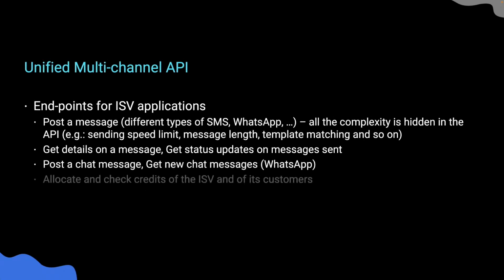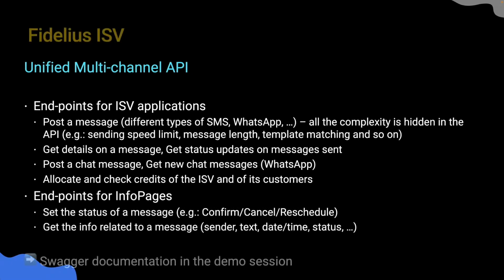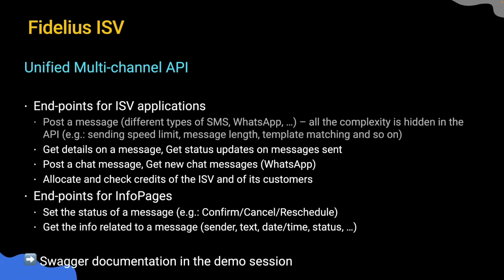The unified multi-channel API has endpoints for ISV applications and for InfoPage. The endpoint for ISV applications allows to post a message, get details on a message, get status updates on messages sent, post a chat message and get new chat messages, allocate and check credits of the ISV and of its customers.